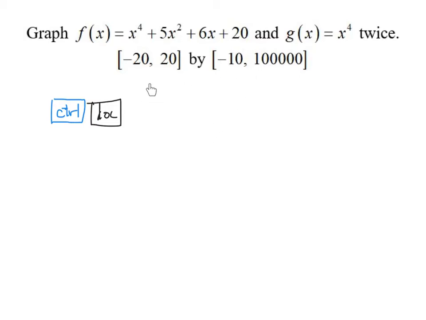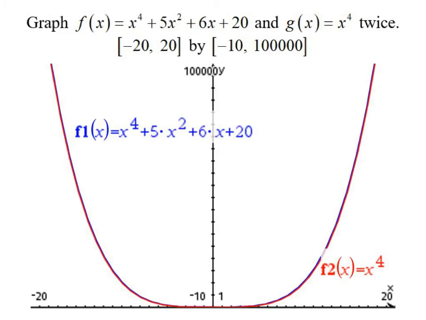And then you can set your window up to go from -20 to 20 for x's and -10 to 100,000 for the y's. All right, pause the video, give that a try. Thanks for doing that, and see if this is what you got.